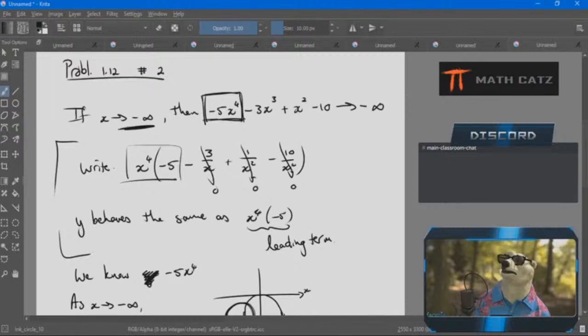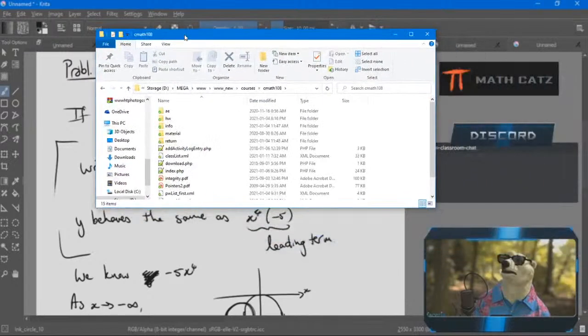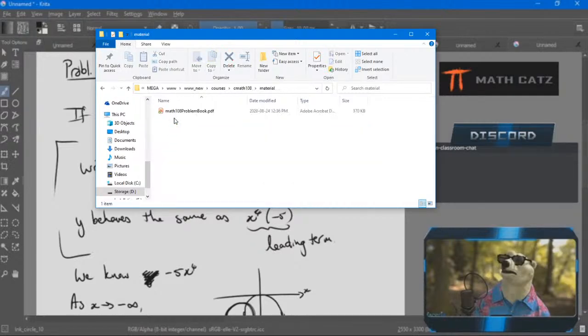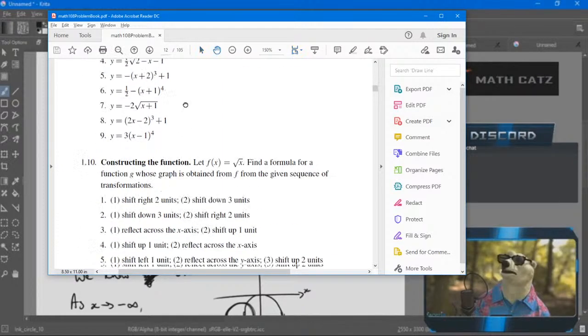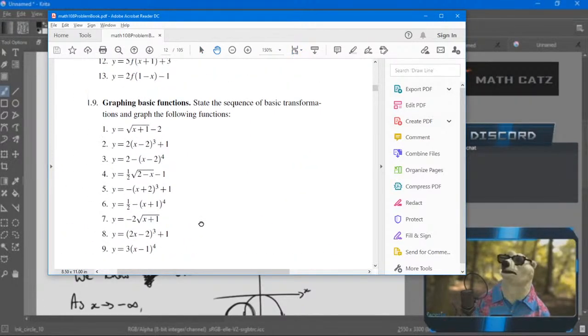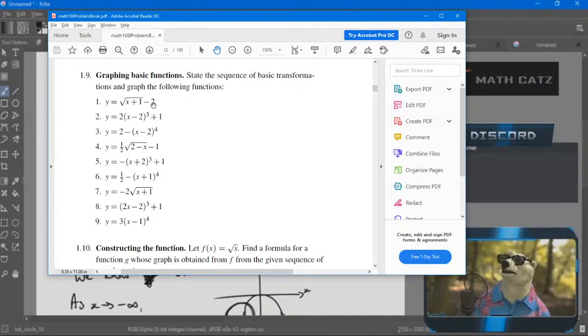See what exercises you can practice. So, of course, with yesterday's video on the square root transformations, you can now do 1.9, so there's a lot to practice, and get the difference between the odd number polynomials and the even number polynomials.